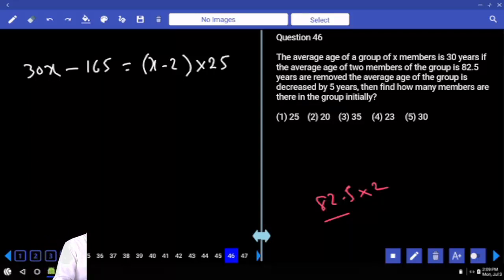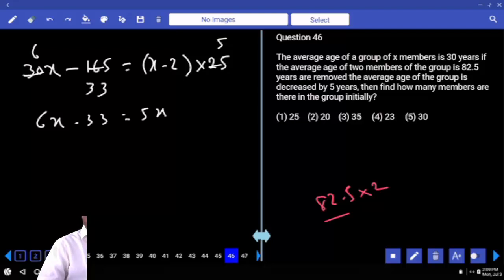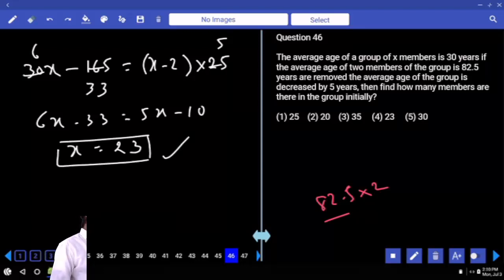All are multiples of 5. Am I right? Dividing by 5: 6X minus 33 is equal to 5X minus 10. X equal to 23. So how many members are there initially in the group? 23. Right?